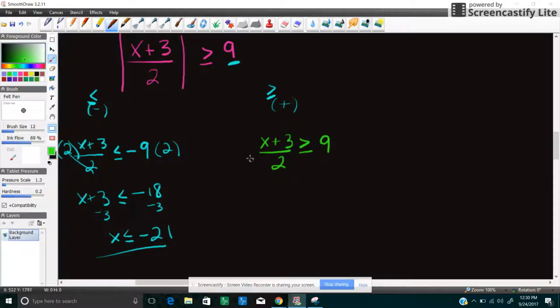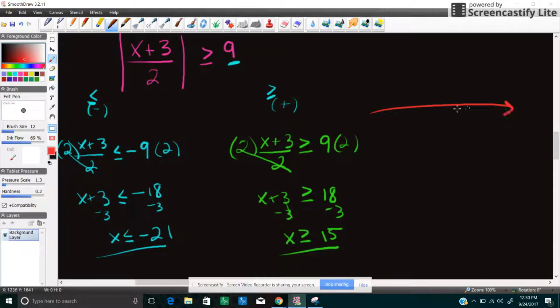Same with this side. I multiply both sides by 2, which gives me x plus 3 is greater than or equal to 18. Subtract 3. So x is greater than or equal to 15. We graph it. I have negative 21 and 15.